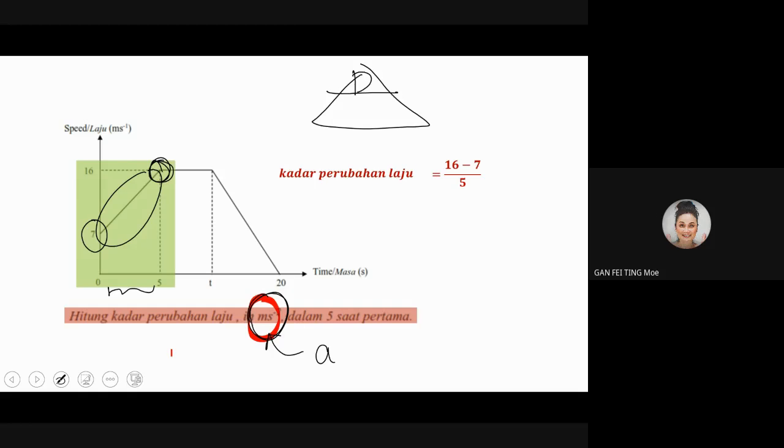Because this is a speed-time graph, and the perubahan laju, the change in speed, will be your acceleration: final speed minus initial speed over the time.